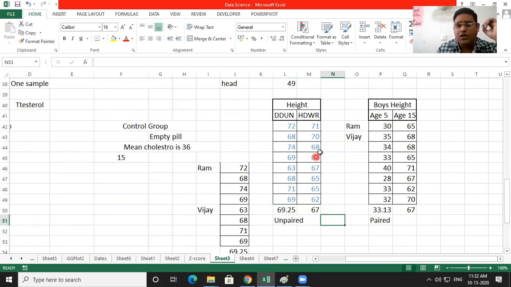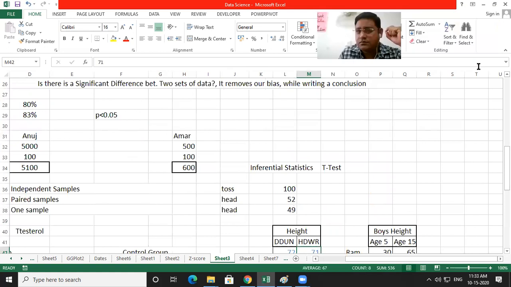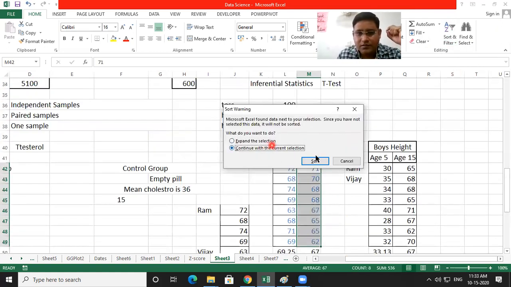Now, if I arrange this Haridwar data in ascending order, done.